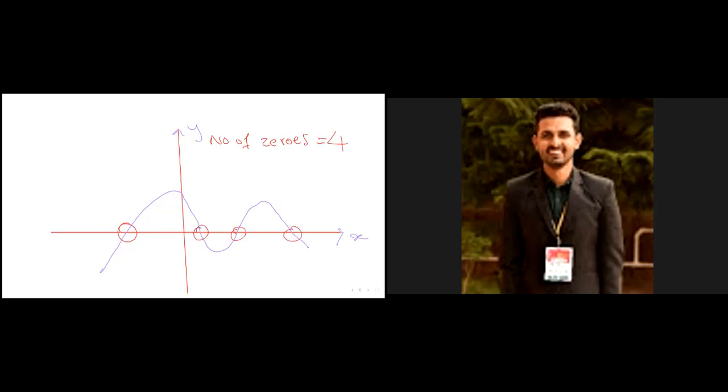And one more example. This is the graph of this kind. This is y, this is x. How many zeros? Yes, it is 4. 1, 2, 3, and 4.